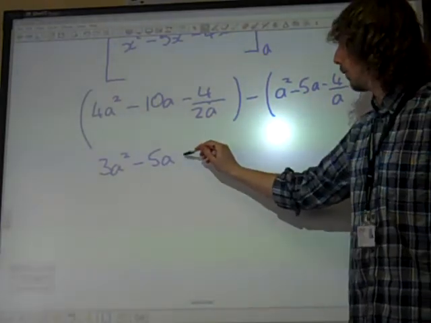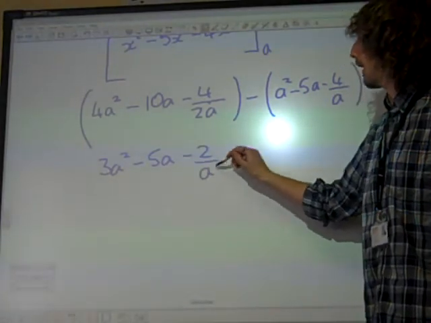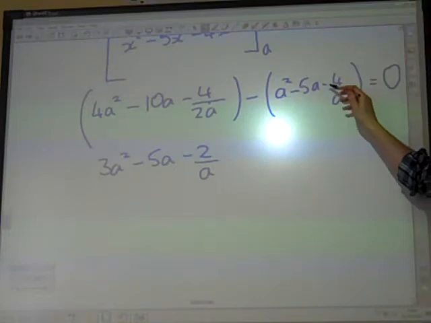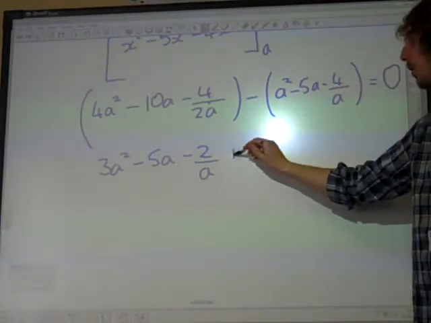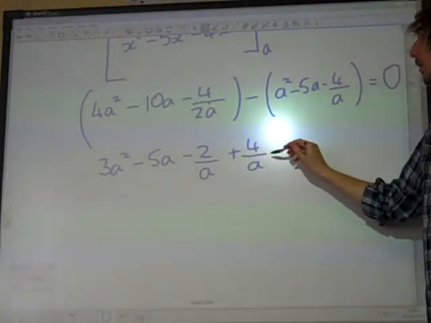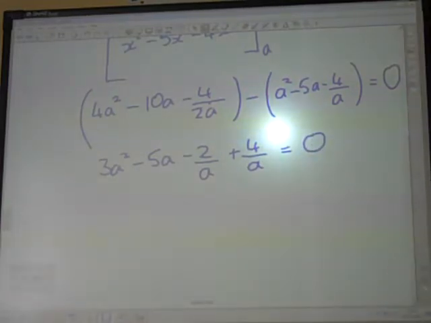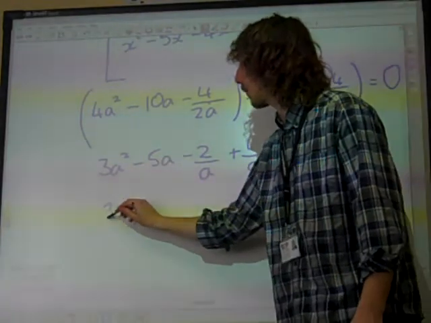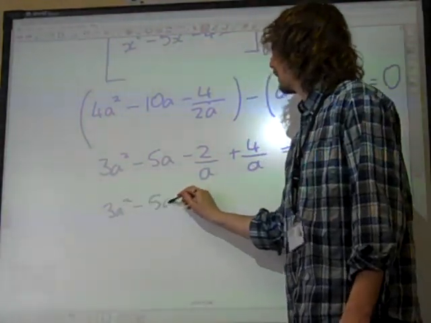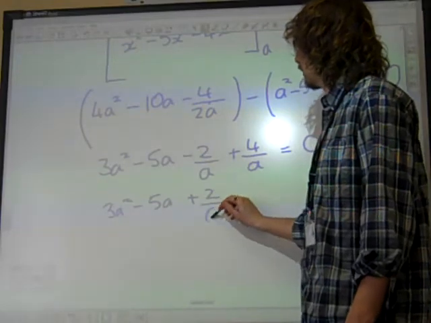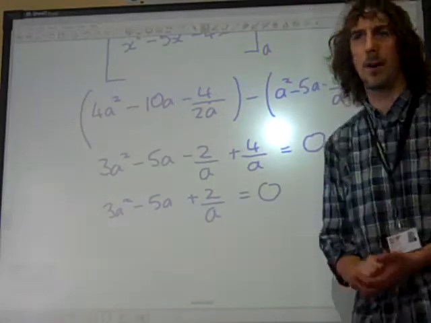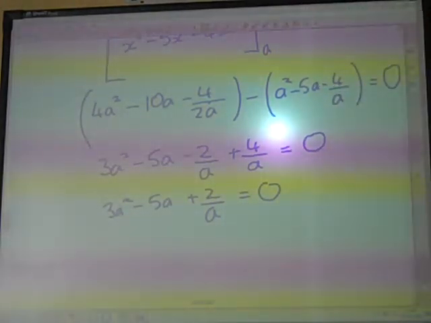This bit we've got minus 2 over a there, and then we've got minus 4 over a. So we're adding on plus 4 over a there. I'm just going to take an extra line to make sure I've got that right. So this is 3a squared minus 5a plus 2 over a is 0. Minus 2 over a plus 4 over a will give us that.